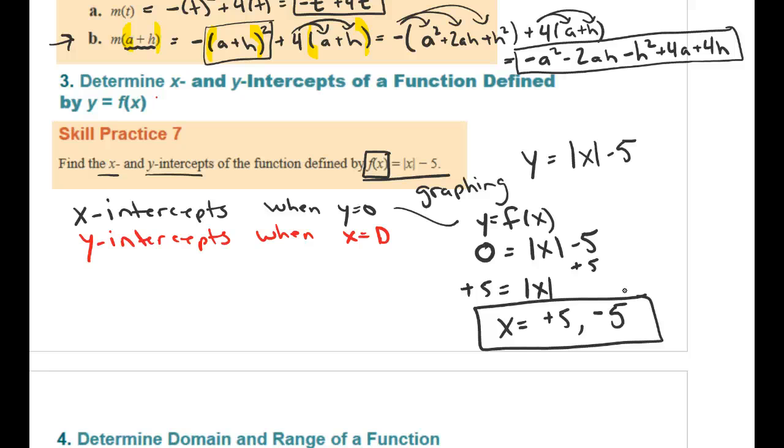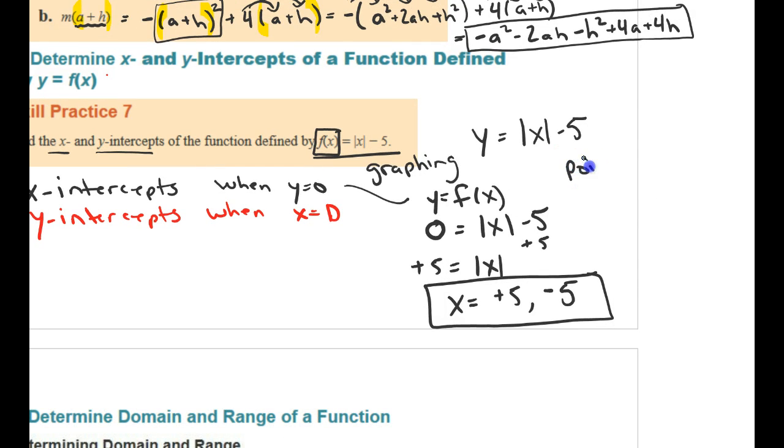So this point here would be 5, 0 and minus 5, 0, right? As we said before, our x-intercepts, oh, I wrote that wrong, sorry. Our x-intercepts are when y is 0, no, that was right, sorry. 5, 0 and minus 5, 0.